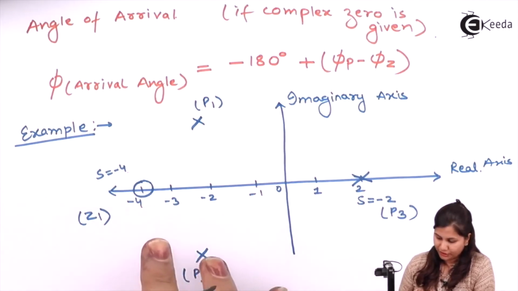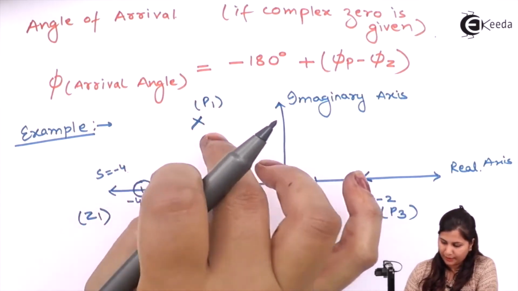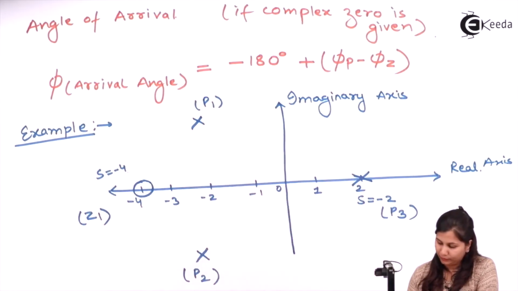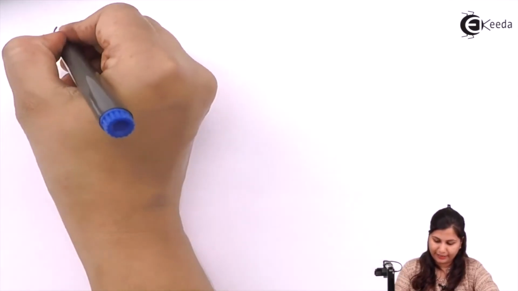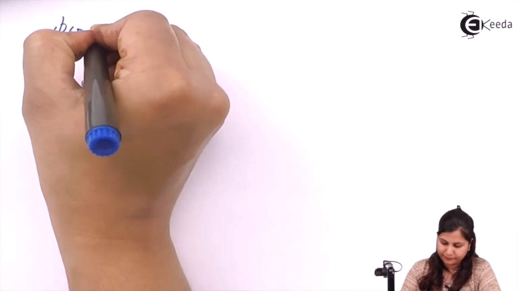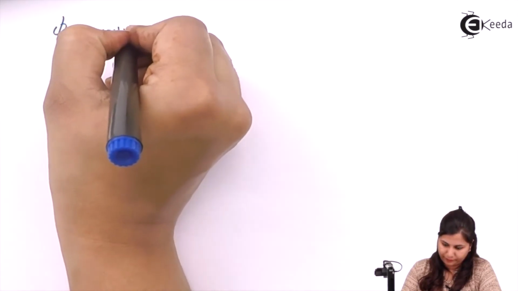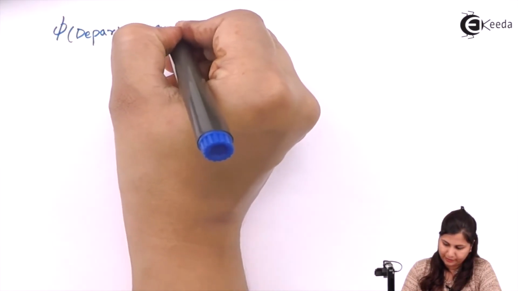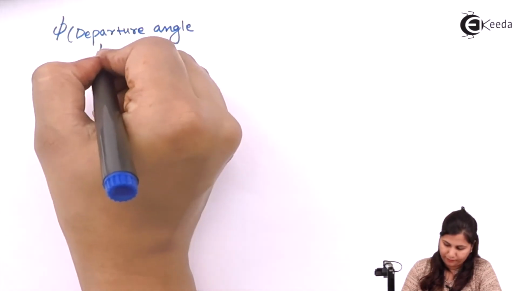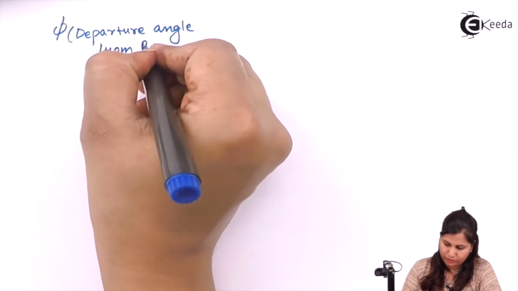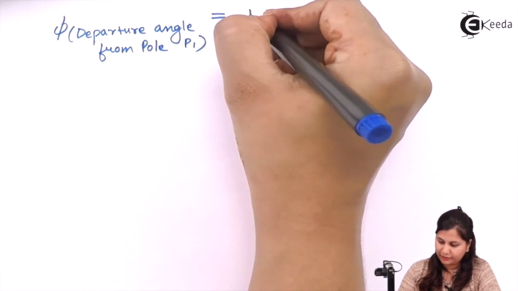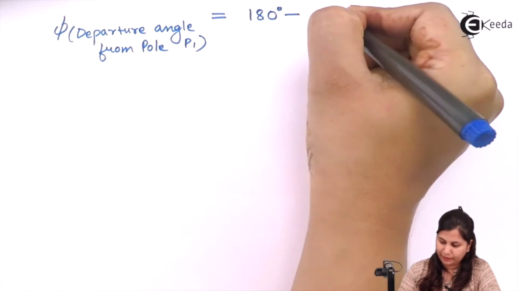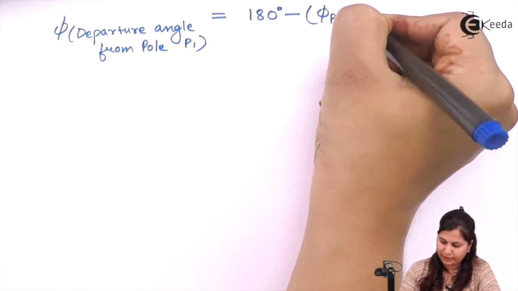So the departure angle from this pole P1 can be calculated by the formula phi departure angle from pole P1. So the departure angle formula is 180 degrees minus phi p minus phi z.